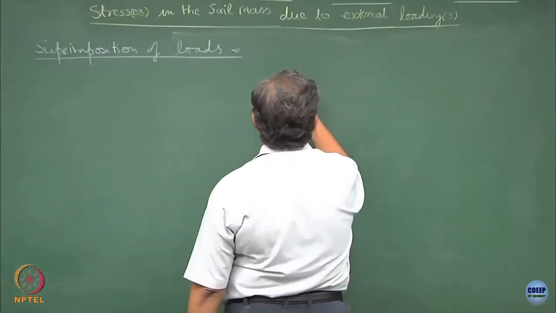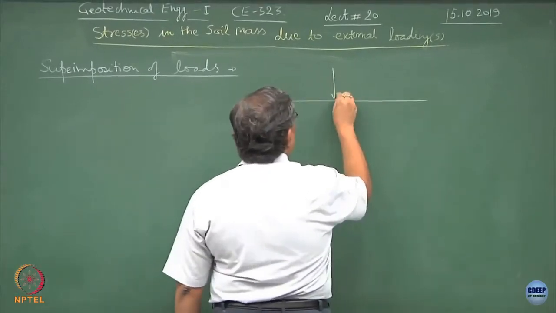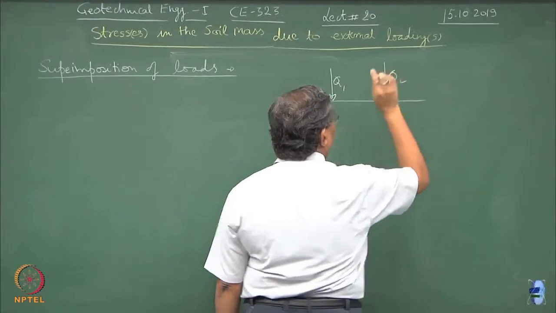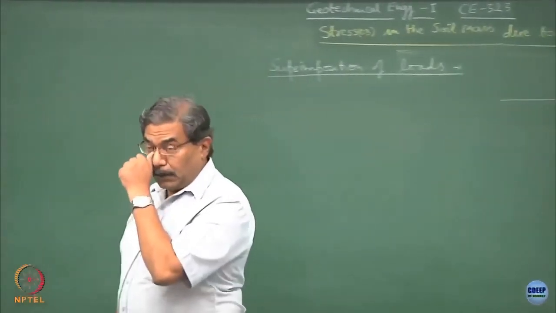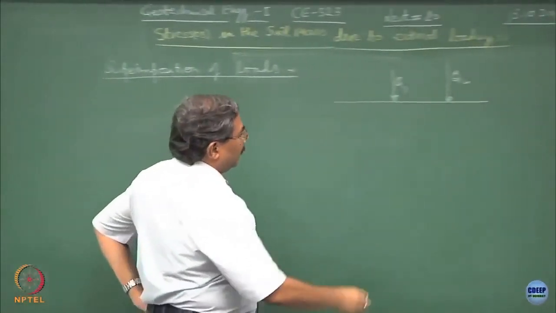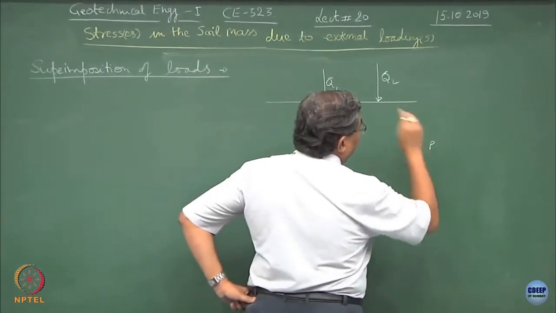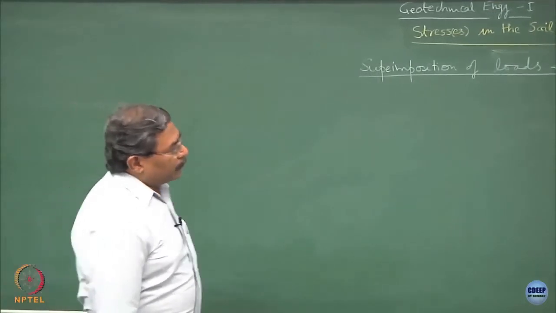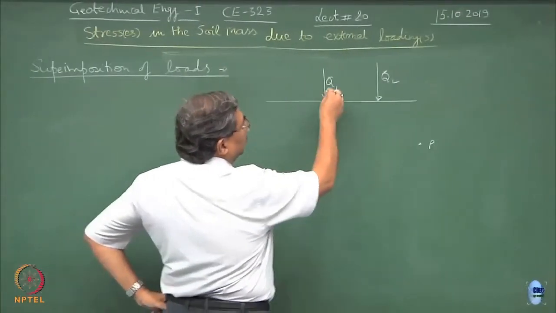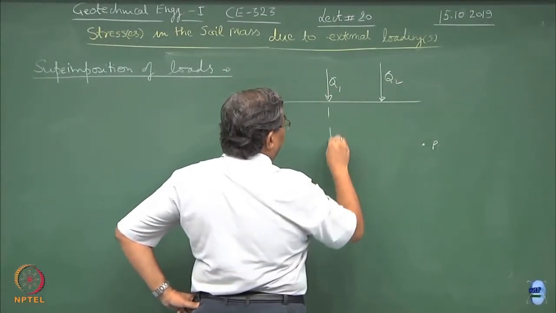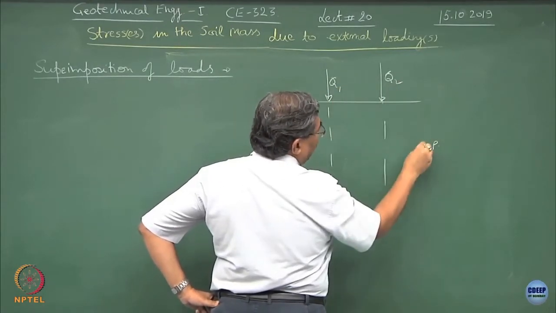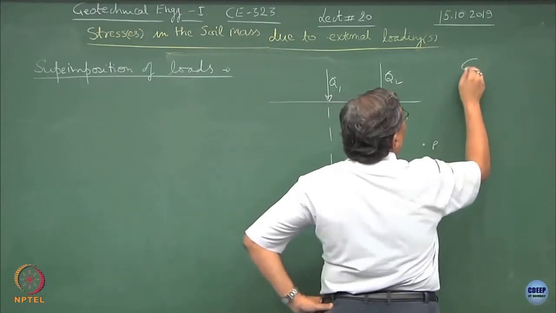Structural analysis. Suppose I started with the first situation, there is Q1 acting here and there is Q2 acting here, and find out what is the state of stress at any point, let us say somewhere here. The best way of doing this would be to assume them independently, find out the state of stress corresponding to Q1 first at this point, Q2 at this point, and sum them up.